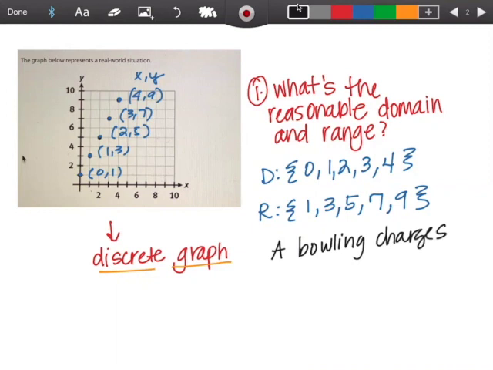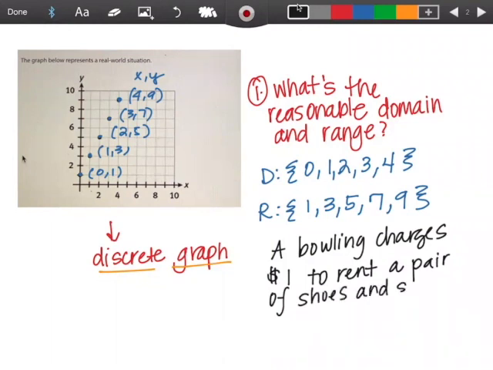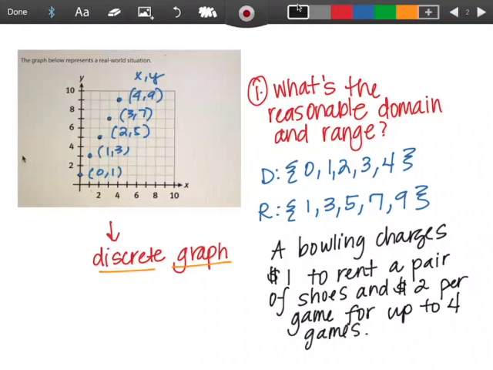A bowling alley charges $1 to rent a pair of shoes and $2 per game for up to 4 games. That's a reasonable, real world situation.